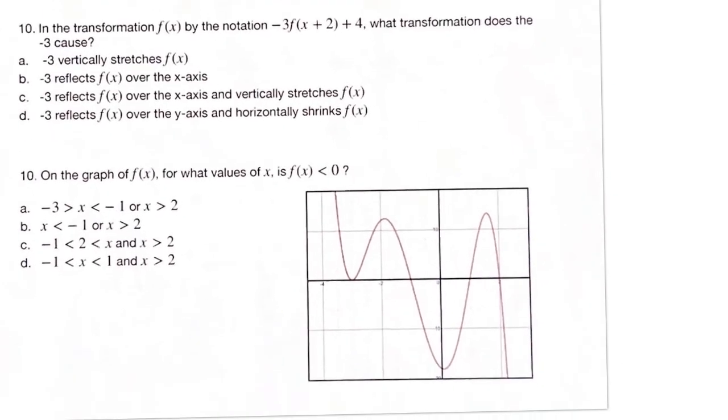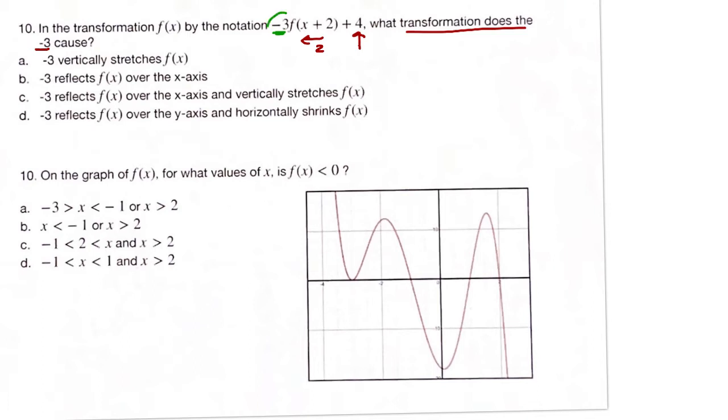10's pretty much the same thing, except this one's going negative 2 makes it 0, so it's left 2, and it's up 4. But the real question is, what transformation does the negative 3 cause out in front?